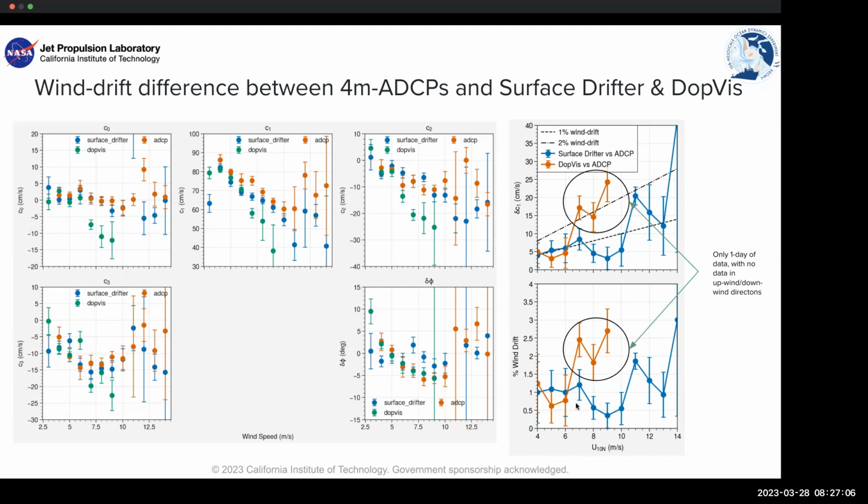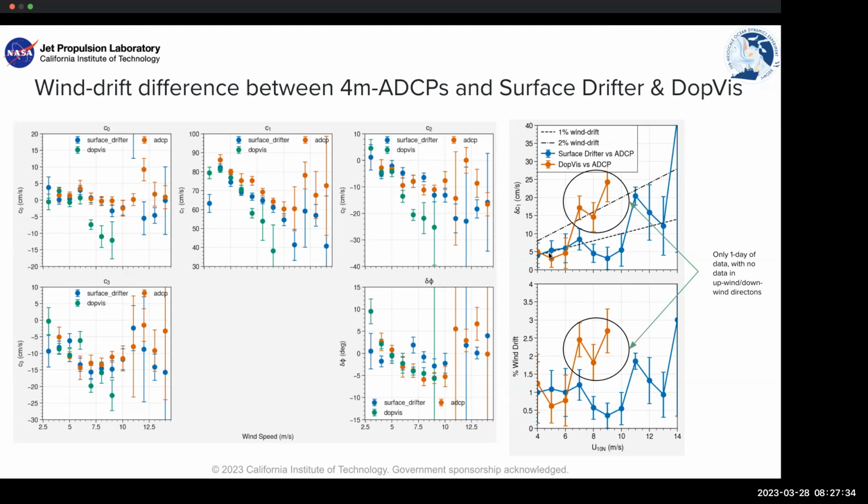We can plot it here as a function of wind speed, and this is the amplitude of that contribution. You can see that it follows roughly a straight line, consistent with about a 1% wind drift. There are significant differences over here, but as I said, this is just one day's worth of data. Not sure we should read too much into that, but it's something to be investigated further.